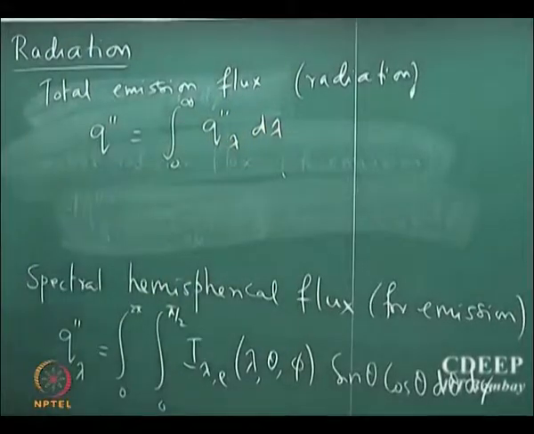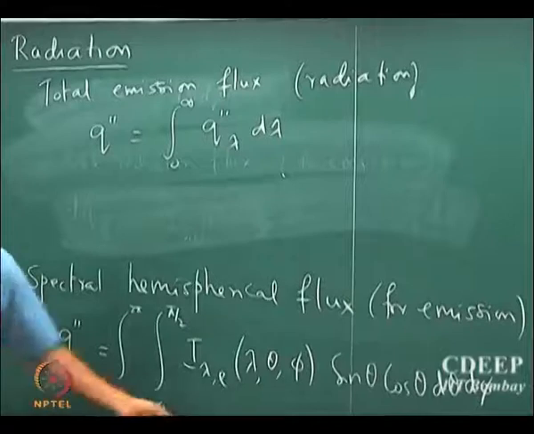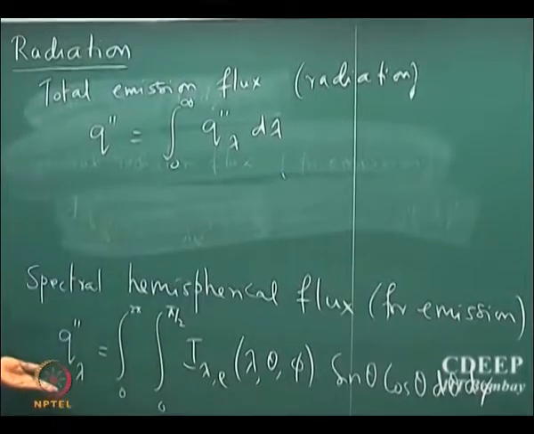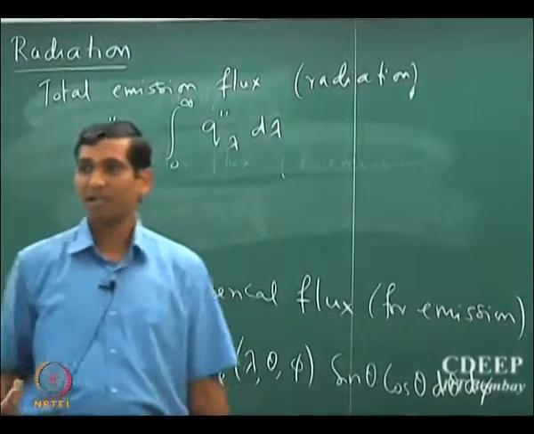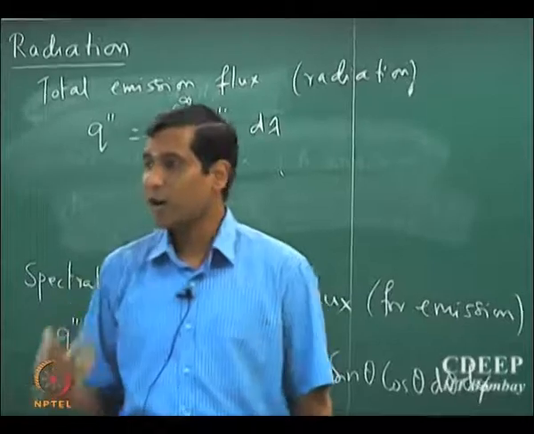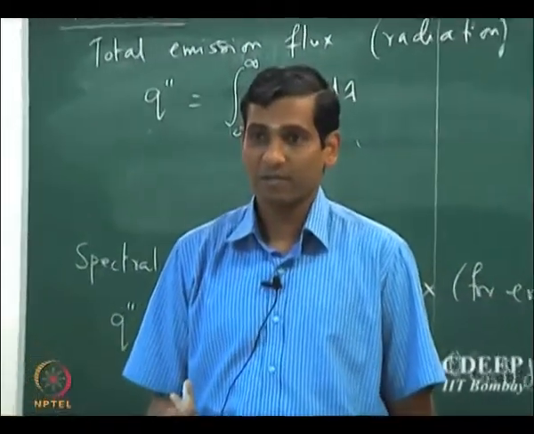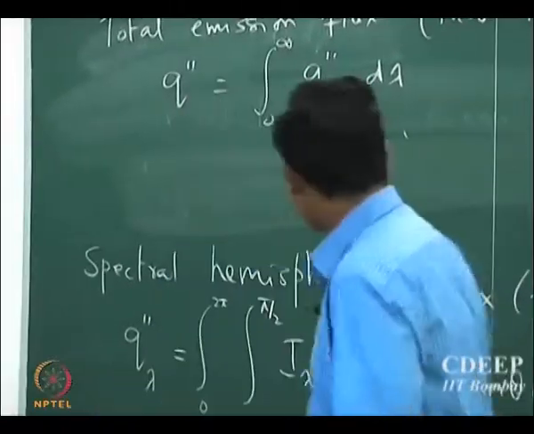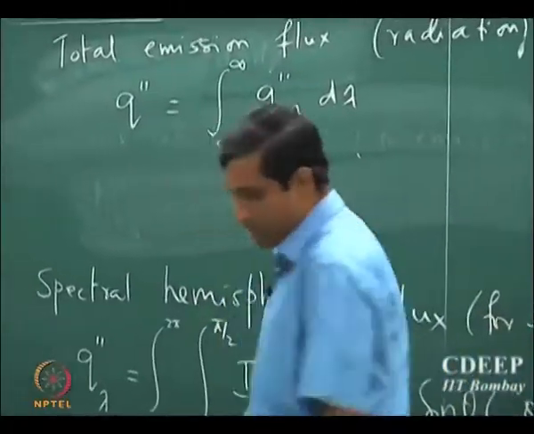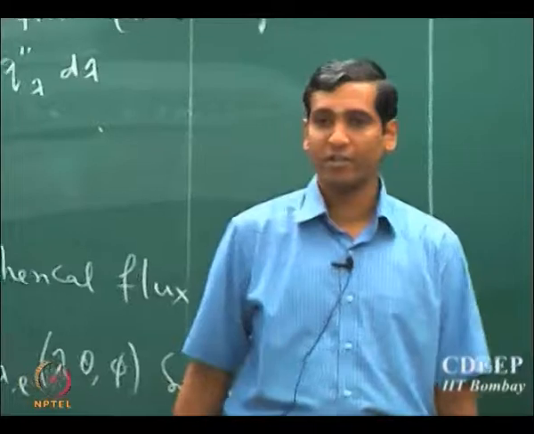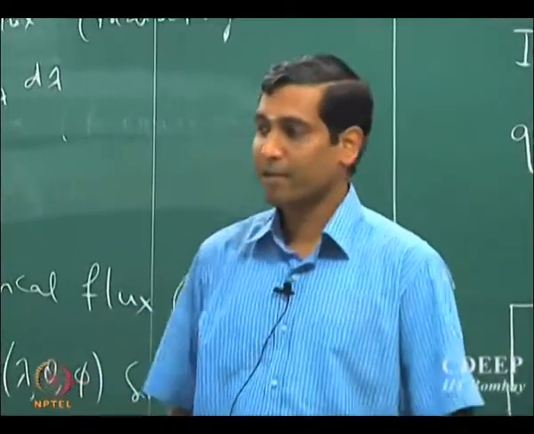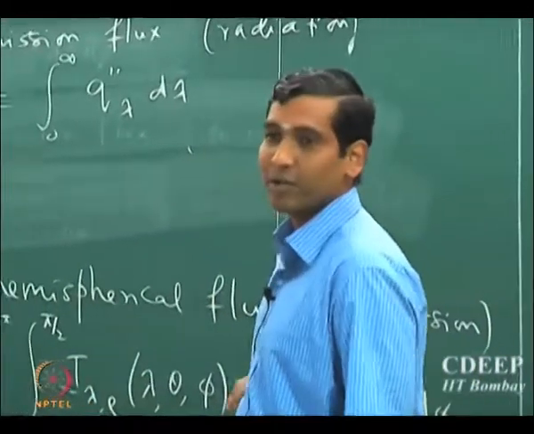So, that is essentially the integral of this quantity over all possible wavelengths. That will give you the total radiation flux from a given surface at all wavelengths and emitted in all directions, okay. This is very important, particularly when we talk about blackbody radiation. You will start seeing some special applications of these expressions.